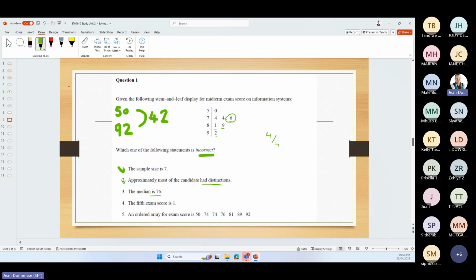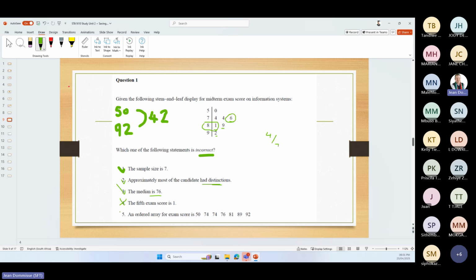So 76 is the median. So that is correct. The 5th exam score is 1, 2, 3, 4, 5. So the 5th exam score is 81, and not 1. So that is your incorrect one.